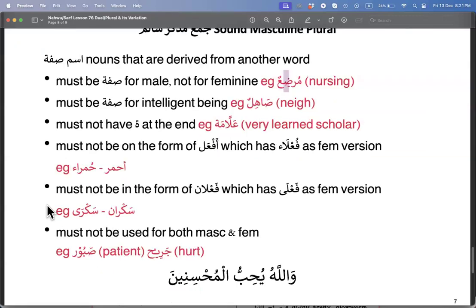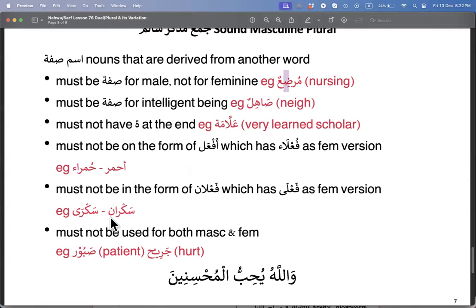Next one, it must not be in the form of fa'lan, which has the feminine version of fa'la. So your ism sifah again, sakran, sakra. Here you cannot add una, sakranuna. You cannot do that, basically.